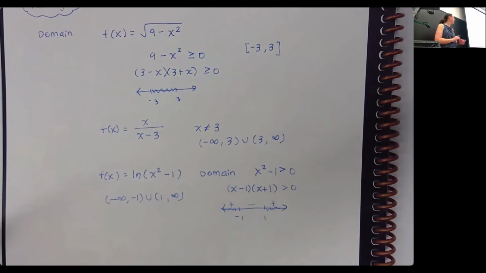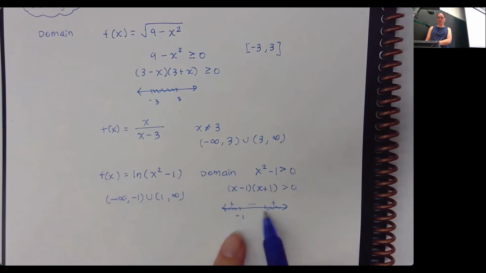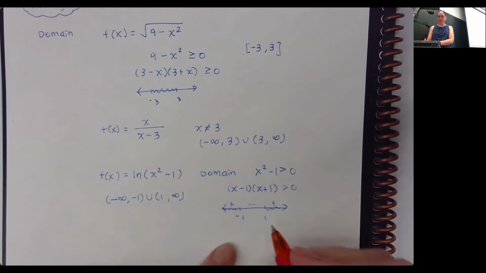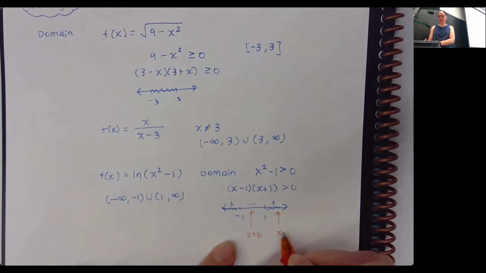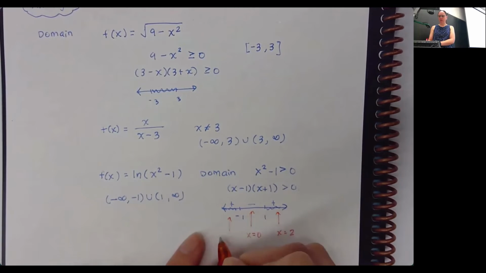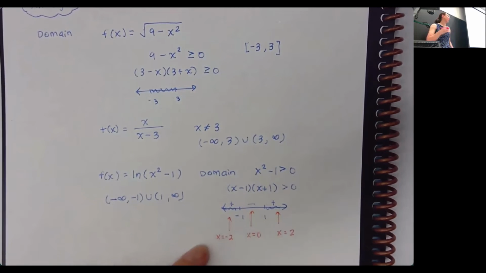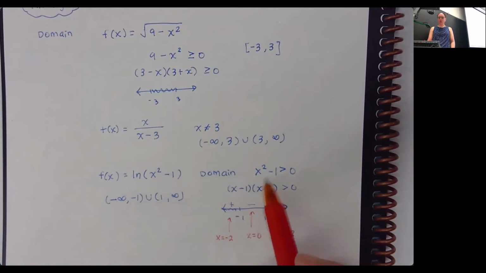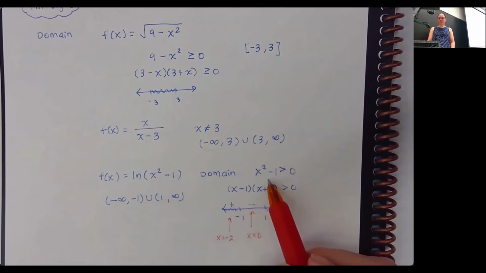How do you make the test again? So I put all of the values on the number line that actually make it equal to 0. And then test numbers in between. So in this case, I could test x equals 1, x equals 2, and x equals -2, and think about plugging those into the original constraint on the domain.